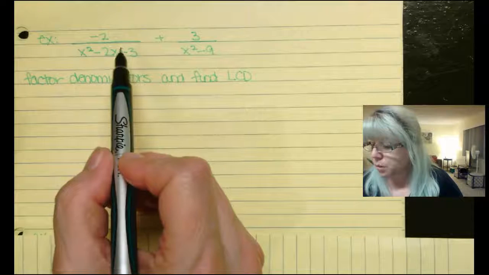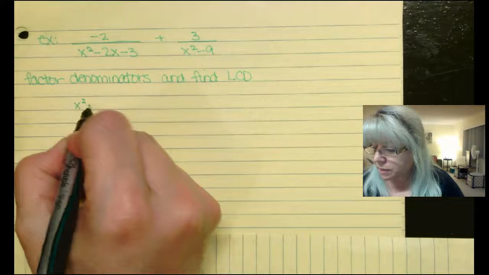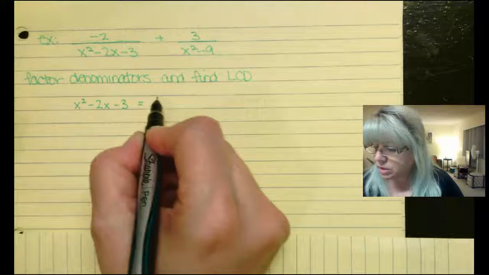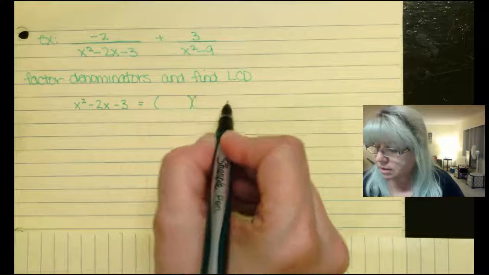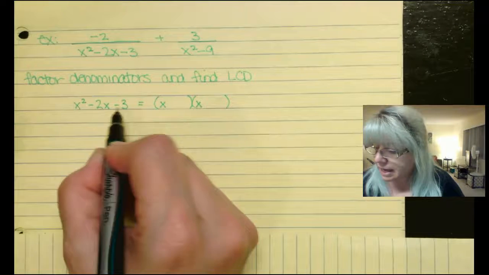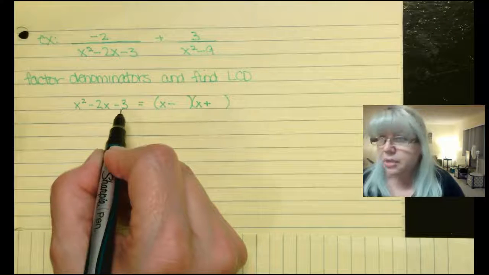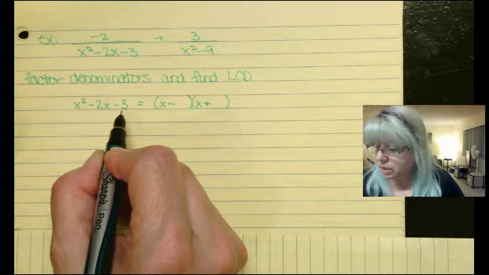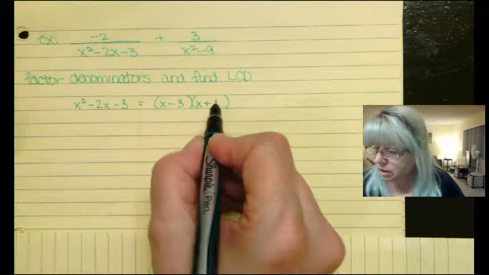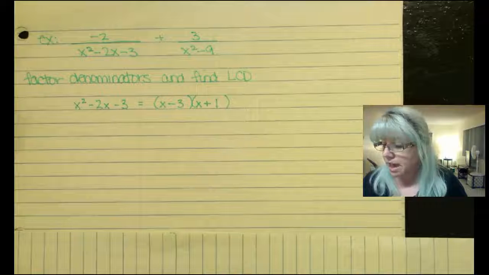So I'm going to factor both of the denominators. x squared minus 2x minus 3 will factor into, let's check it out, x and x, negative meaning there's one negative and one positive. 3 times 1 will get me 3. 3 minus 1 will get me the 2, and I know the negative is on the 3. Okay, that is factored.